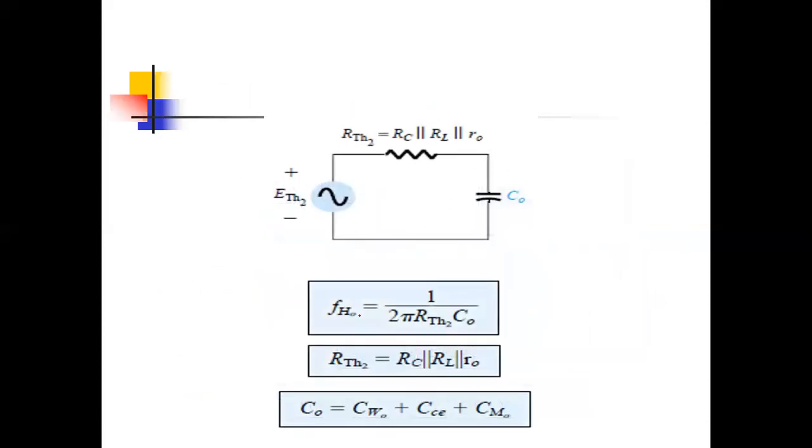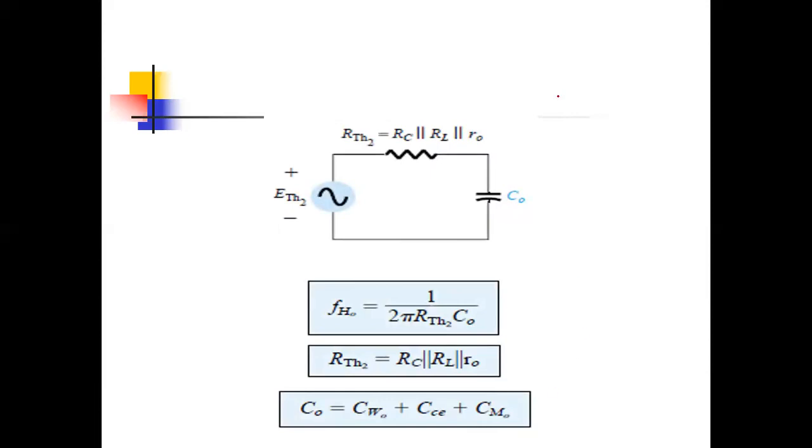So FHO is 1 upon 2 pi RTHO CO. RTH is RC parallel RL parallel RO, and CO is the output wire capacitance plus the output Miller capacitance, and the value of the output Miller capacitance is C1 minus 1 upon A.